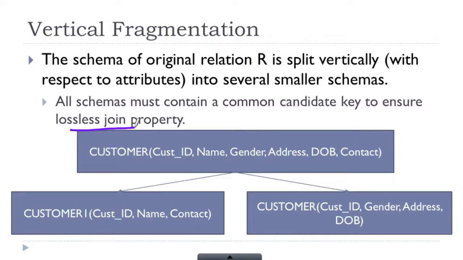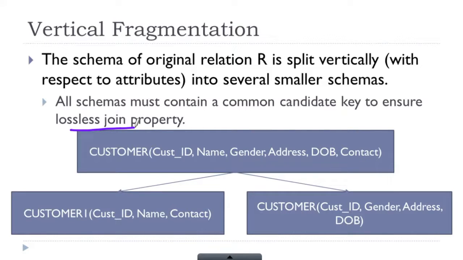See an example here. There is a customer relation with the schema customer ID, name, gender, address, DOB and contact. Now, we want to fragment this relation vertically. That means customer ID, name and contact go into one fragment, and in another fragment, gender, address and DOB.